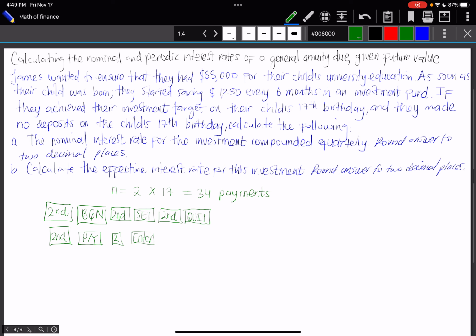Now we go with down, then C over Y, and then the number 4, and then enter, to mean that the interest is going to be compounded quarterly. And then we go with second, and then quit.